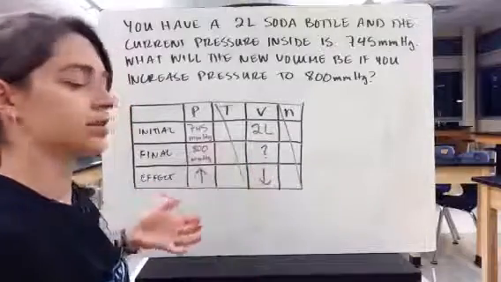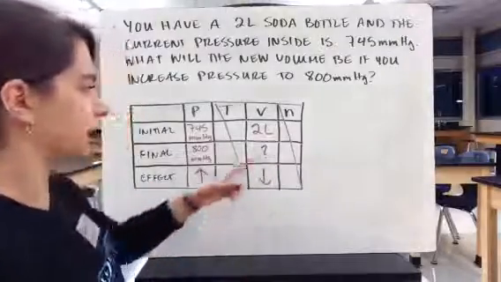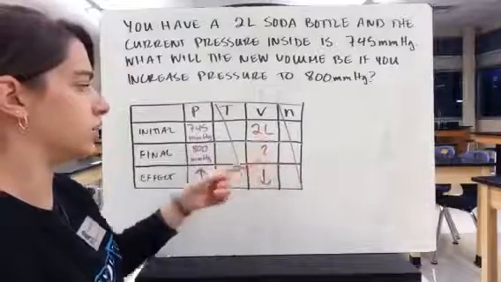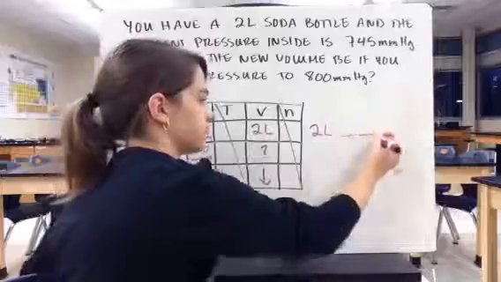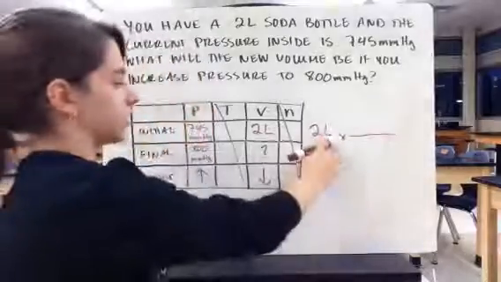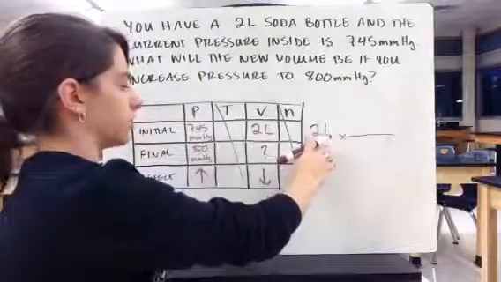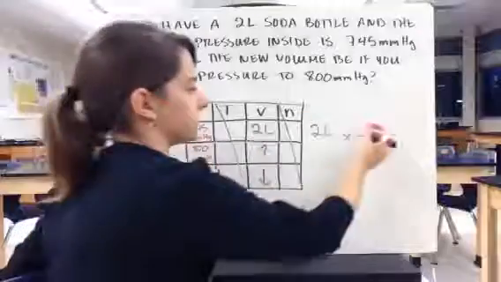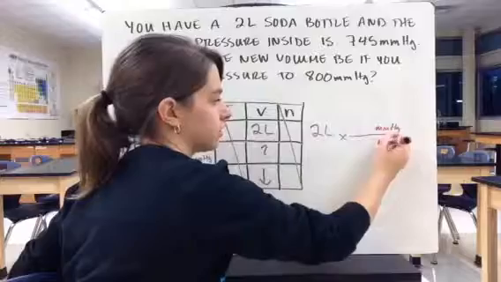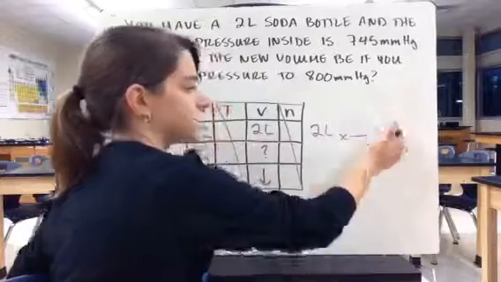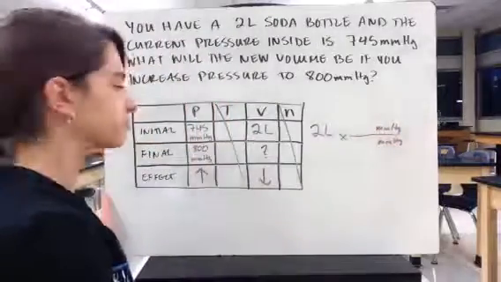So you should be asking yourself, what's next? Well, we're trying to change one volume into a new volume, so we're going to write that first. Remember, we're not changing our volume units, we're just changing our volume value. So we're going to use our pressure units here. They'll still cancel out because they're on the top and the bottom.